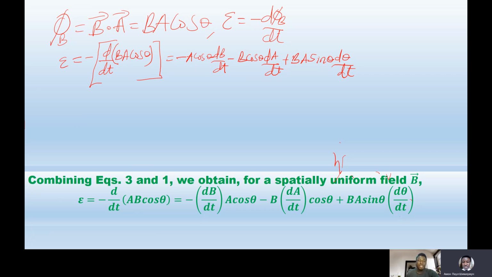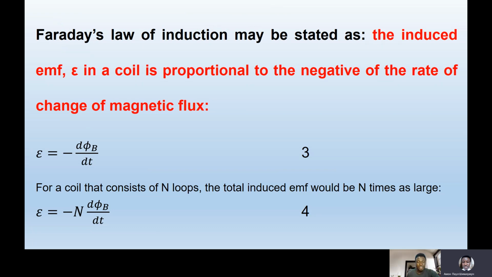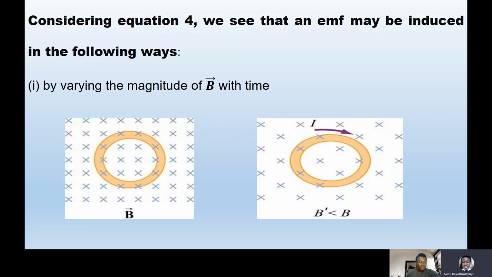And it implies that the EMF could be obtained in any of the following ways. First of all, we could obtain the EMF by varying the magnitude of B with time. You can see in the first panel, the magnetic field strength is high within the coil. In this case, we have reduced the strength of the field. So the field in the first panel is greater than the field in the second panel.